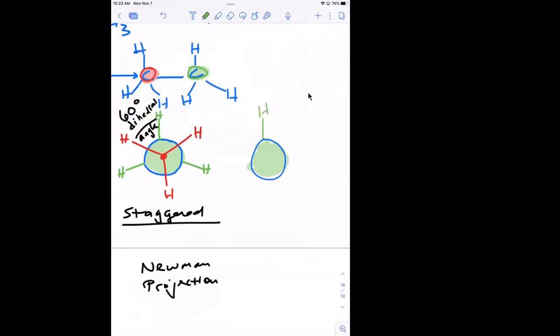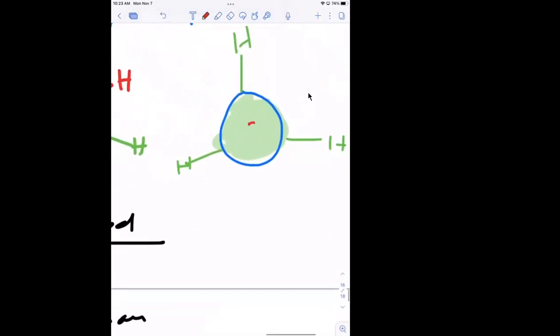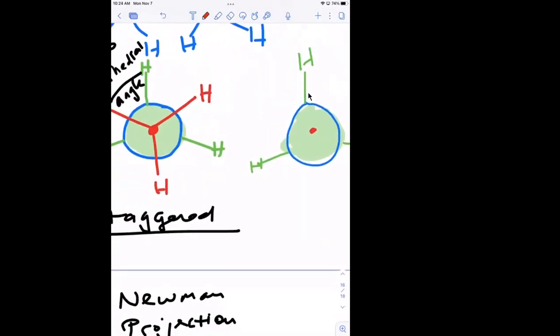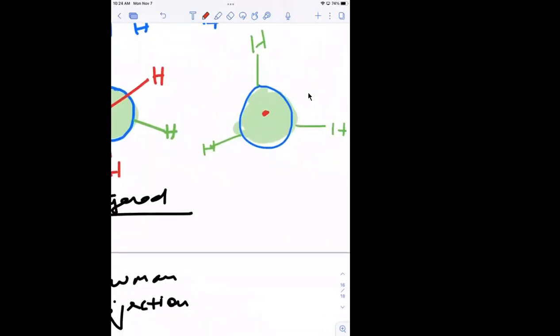I'm going to leave the back part as it was. Right now, all your hydrogens are overlapping.